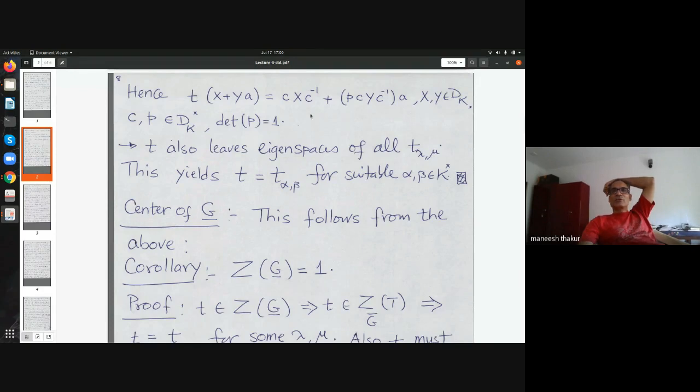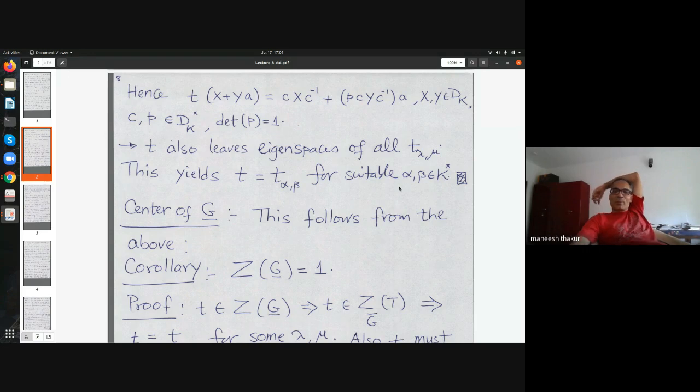And now you use the fact that it commutes with those T lambda mu's, which stabilize the first factor. That will tell us that this T actually is of the form T alpha beta for scalars alpha and beta.